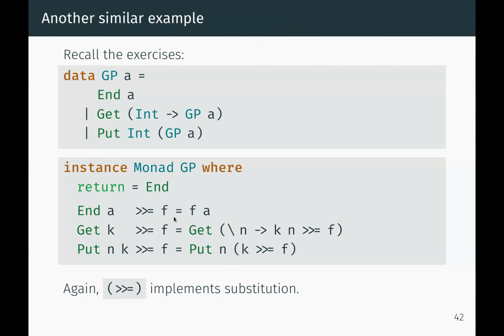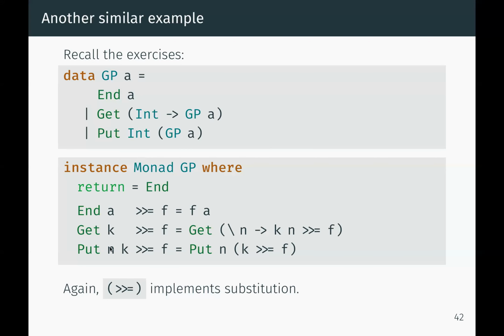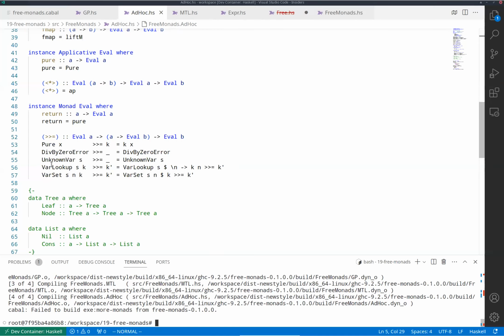And then the bind was exactly like we did it. For the end pure case it was just the continuation applied to the result, same as here. For get and put, it's again the same constructor, and here we basically chain the continuations. That's exactly what we did here for the var lookup and the var set. So it seems there is a general scheme here.